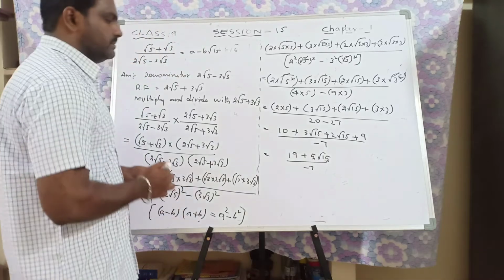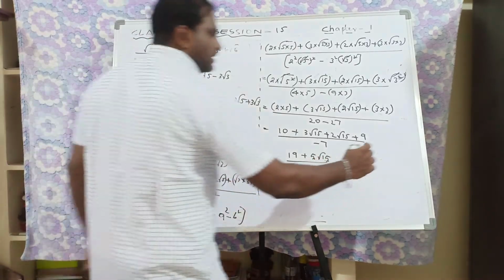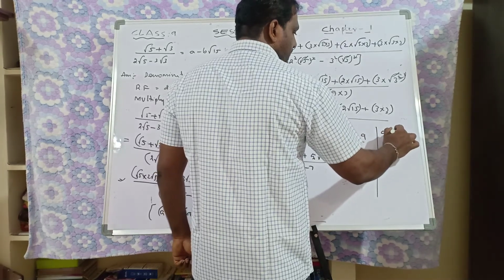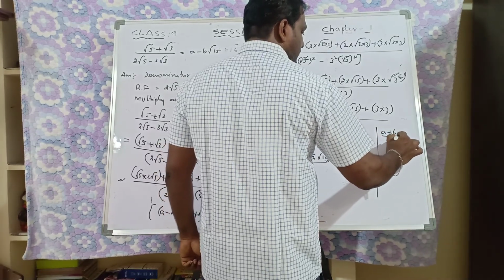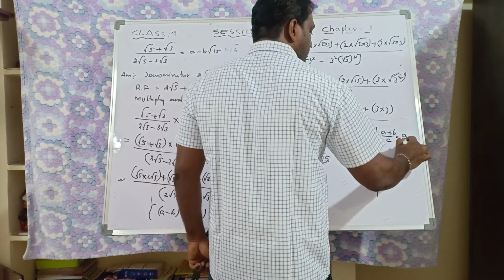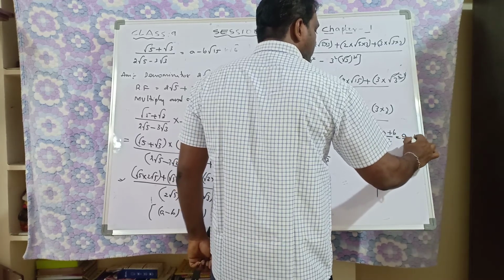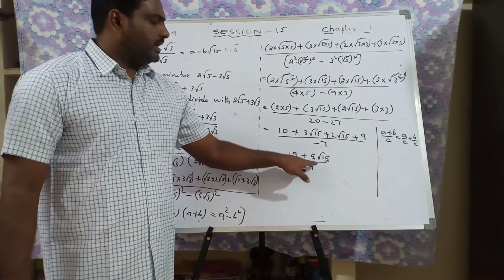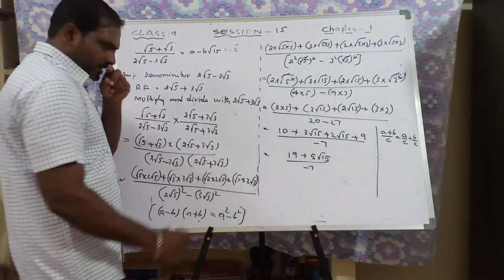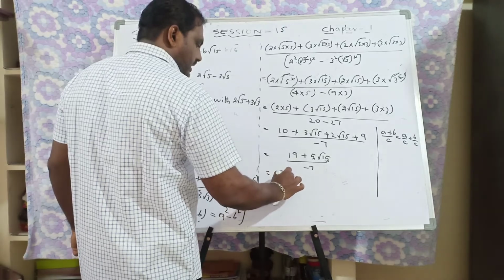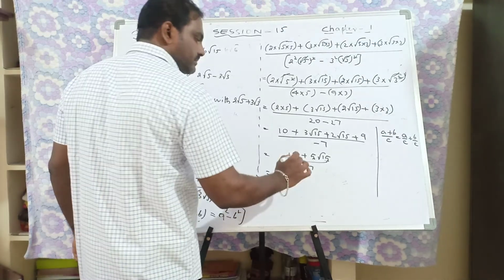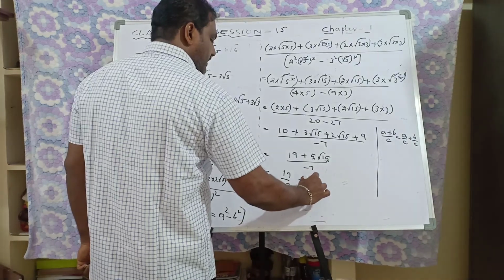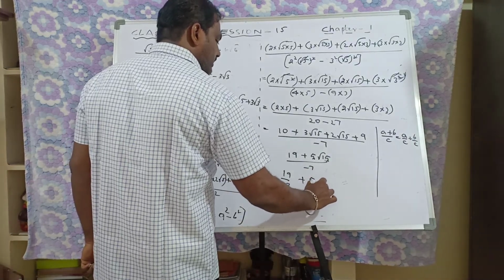So next step is what I'll do. The formula is a plus b by c can be written as a by c plus b by c. 19 plus 5 root 15 by minus 7 can be written as 19 by minus 7 plus 5 by minus 7 into root 15.